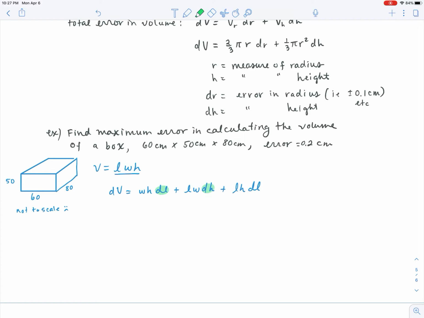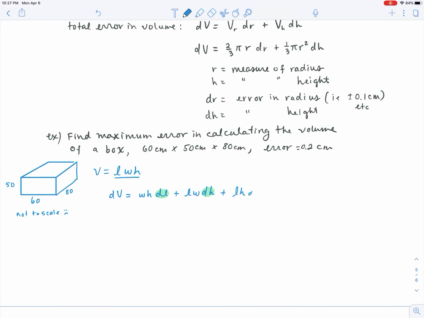I think that last one needed to be dW, so let me fix that. And for each of these, dL, dW, dH, those are all 0.2. And we can arbitrarily assign the length, width, and height to 50, 60, and 80.